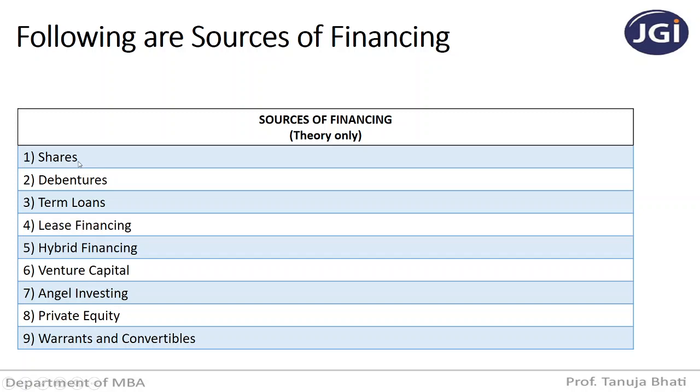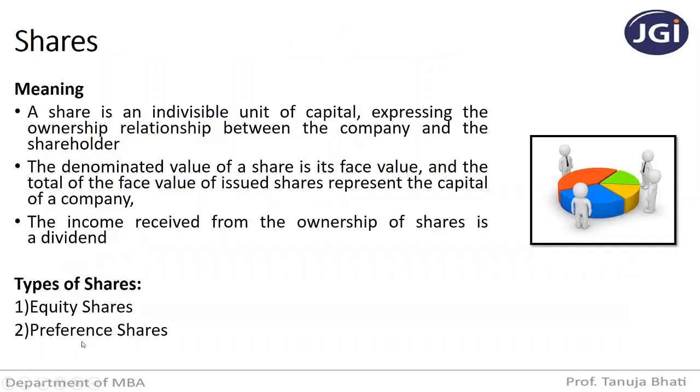That is through the issue of shares, through the issue of debentures, by taking a term loan, by lease financing, by hybrid financing, by venture capital, by angel investing, by private equity, and by warrants and convertibles. Now, what are all these? We will be seeing in our next slide.